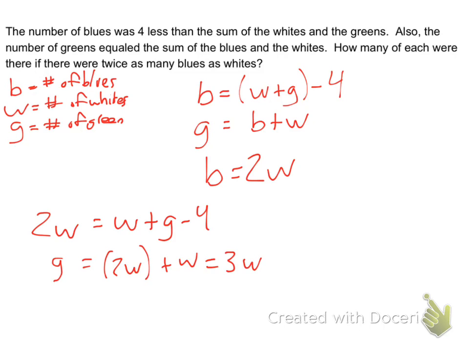Oh, I get it. Can't I just take the G that's in this equation and replace it with 3W, because G equals 3W? So 2W equals W plus 3W minus 4.